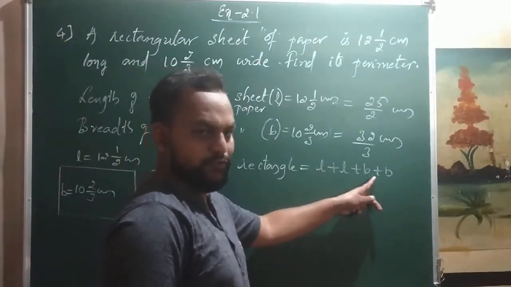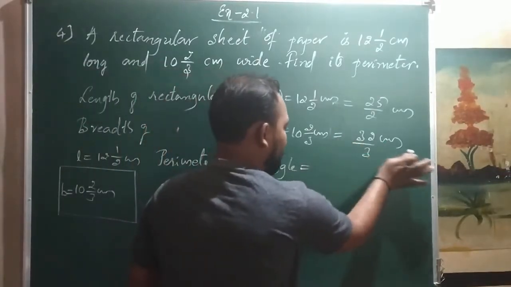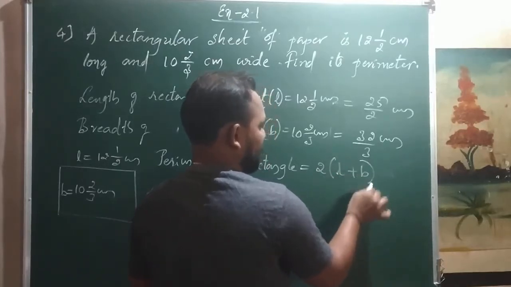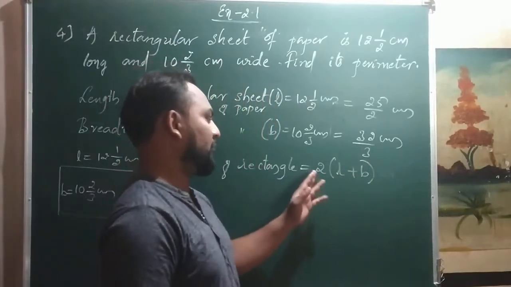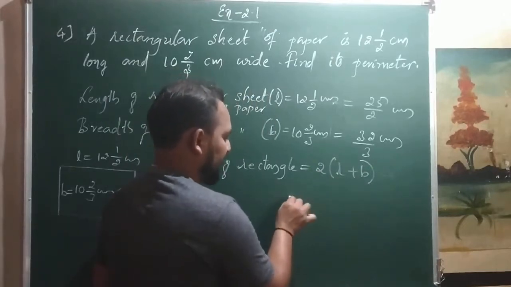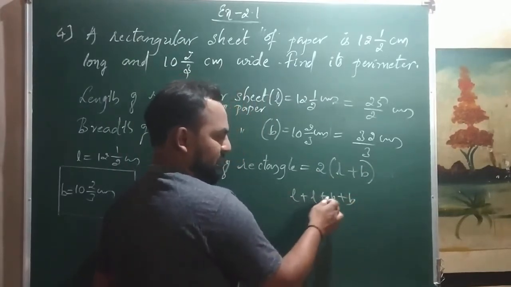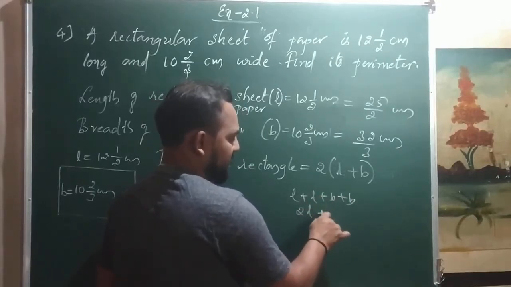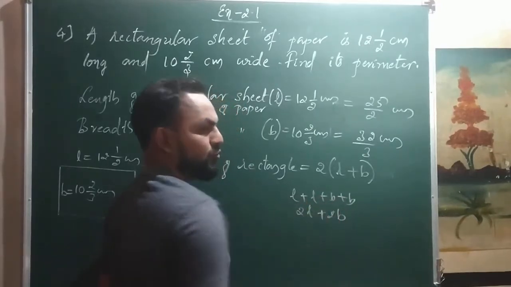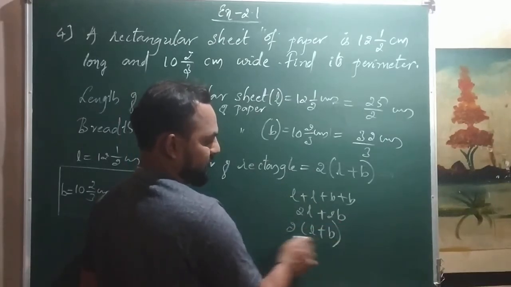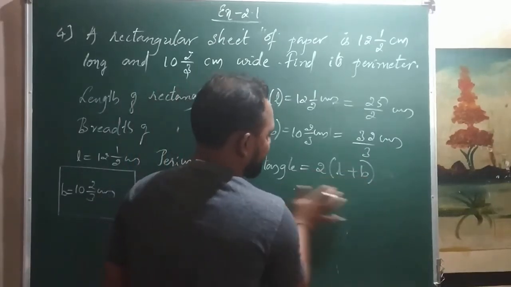Taking 2 as common, the perimeter is 2 times (L plus B). This is the perimeter of a rectangle.